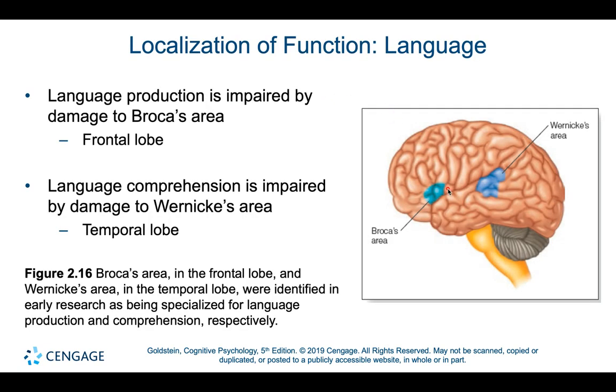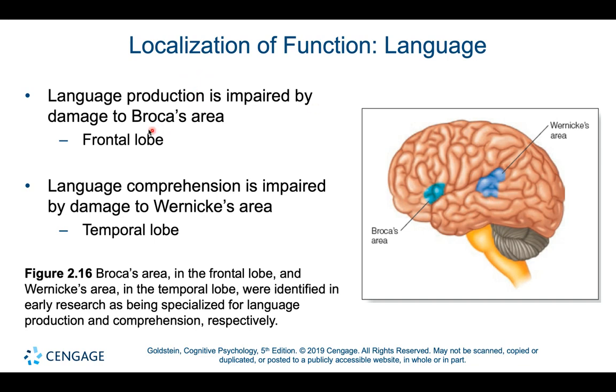So another good example is in the temporal and frontal lobes, and that example is language. So there are two incredibly important areas of the brain that both govern language, but govern different aspects of language.